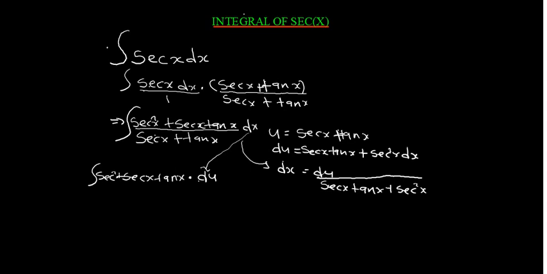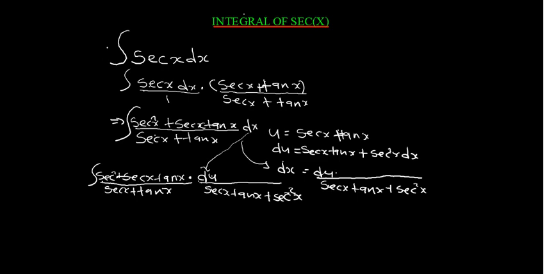By the way, this was over sec x plus tan x. So we're replacing dx there: du over sec x tan x plus sec squared x, like that.